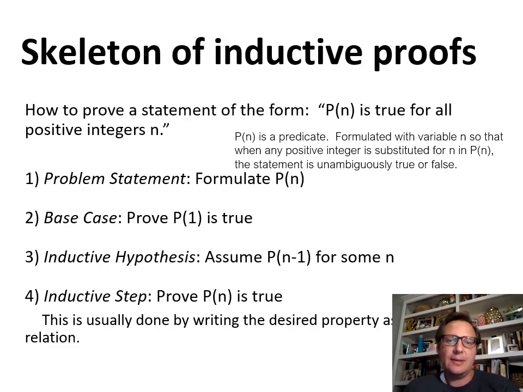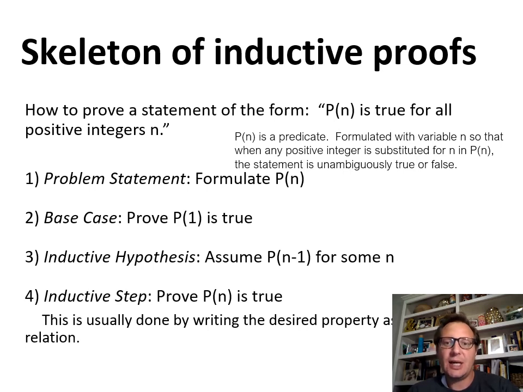Finally, I want to introduce a typical skeleton of inductive proofs, and you should refer to this skeleton whenever you have to do an inductive proof. So the goal of induction is to prove statements of the form P of n is true for all positive integers n.